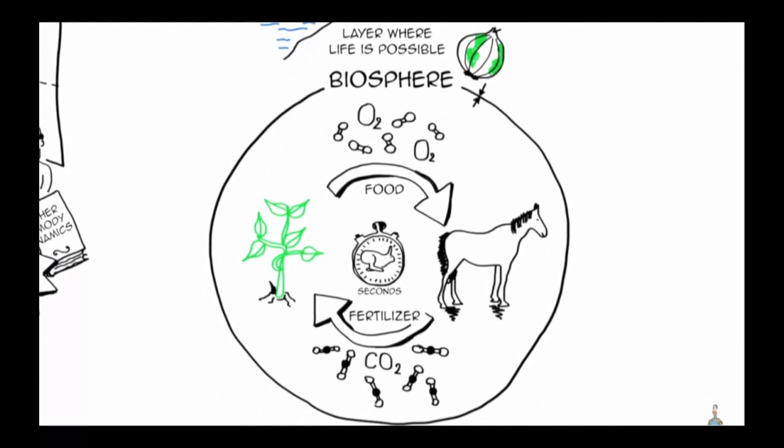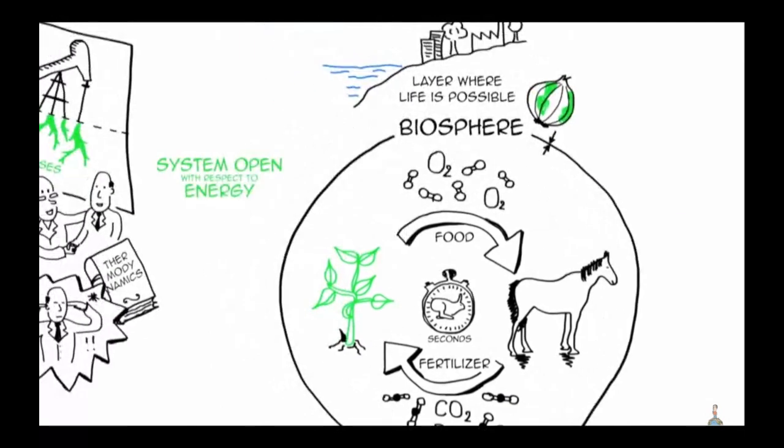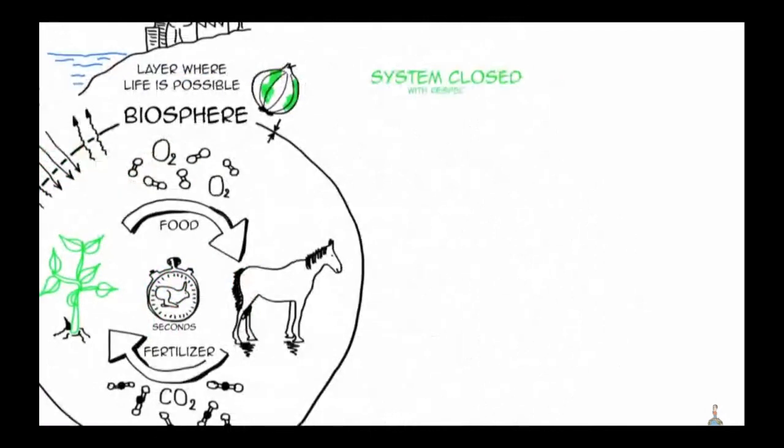Then they agreed on the fact that this system, the biosphere, is open with respect to energy. This means that energy from the sun comes in and radiations come out. This is also known as the first law of thermodynamics. They also agreed on the fact that this system is closed with respect to matter.